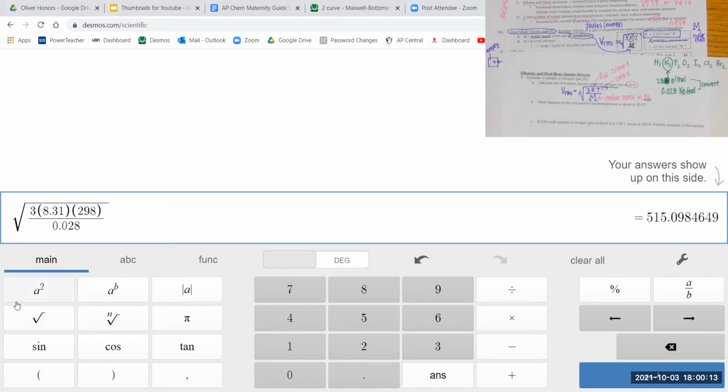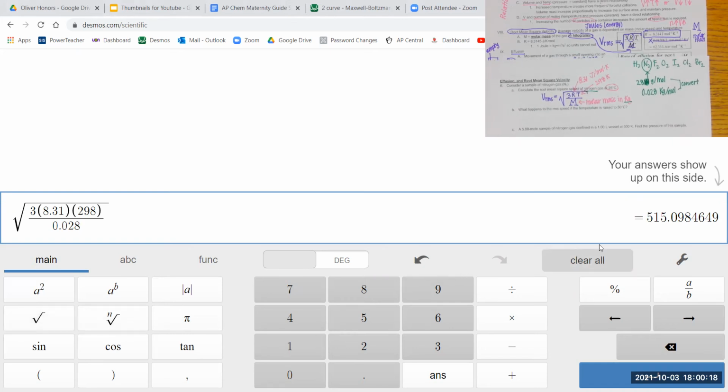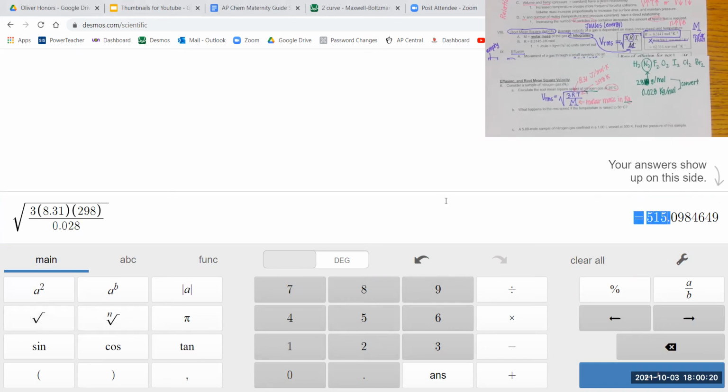So I punch it in like this, and Desmos is telling me 515 right there. So that's going to be my answer for the root mean squared velocity.